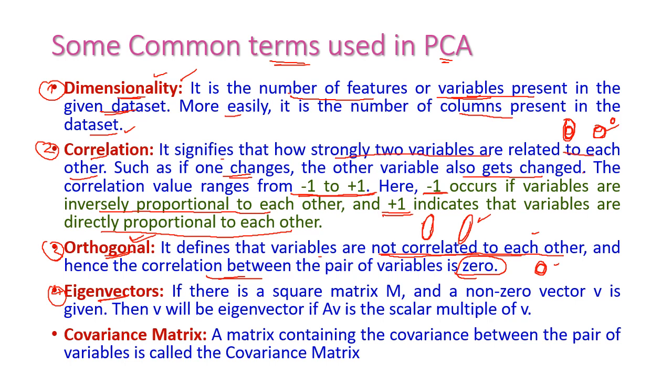If there is a square matrix A and a non-zero vector V is given, then V will be an eigenvector if AV is a scalar multiple of V. V means vector. So this is eigenvector. And the fifth one is the covariance matrix. That means a matrix containing the covariance between each pair of variables is called a covariance matrix.